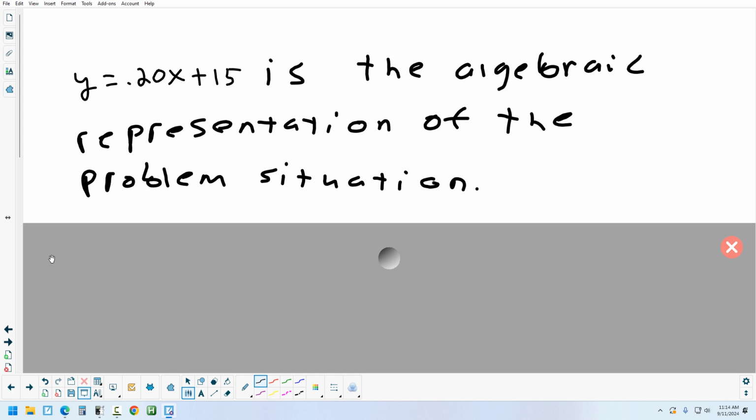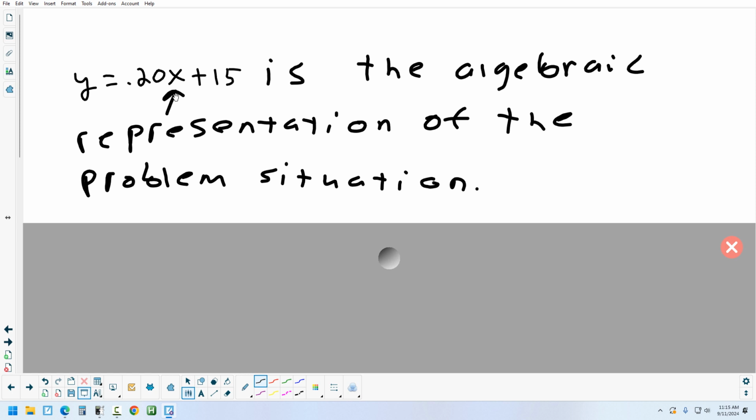The algebraic representation extracts all those details about the word problem and reduces it down to just a pure mathematical equation. The other thing that somebody wouldn't know walking in here is what you could plug in for x. Because in theory, you can take any number in math and multiply it by 0.2 and then add 15.